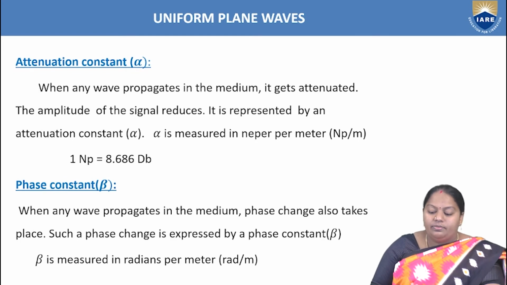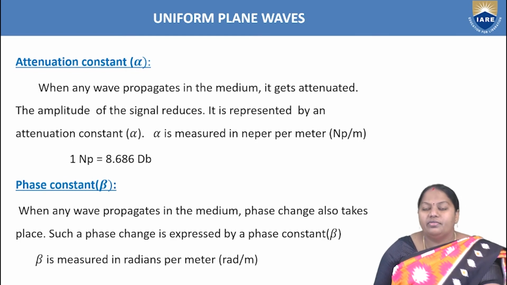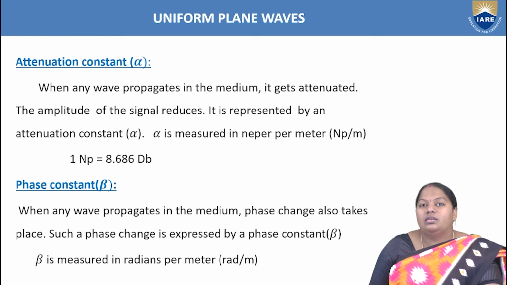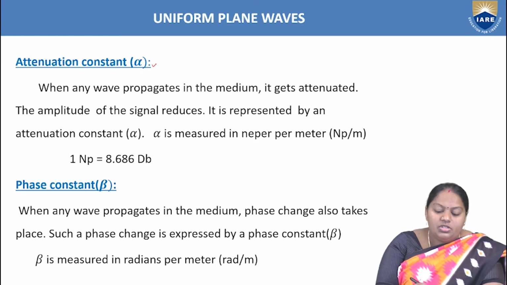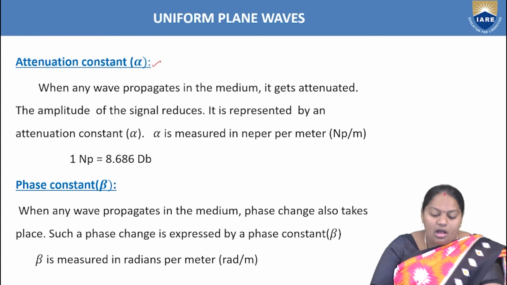After that, regarding the propagation of the wave in a free space medium: when any wave propagates into a particular medium, it gets attenuated. Sometimes some phase changes may also arise, and sometimes the propagation constant is also varied. Based on that, some constants can be defined, such as the attenuation constant, denoted alpha.